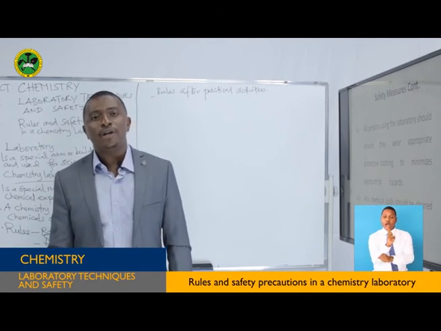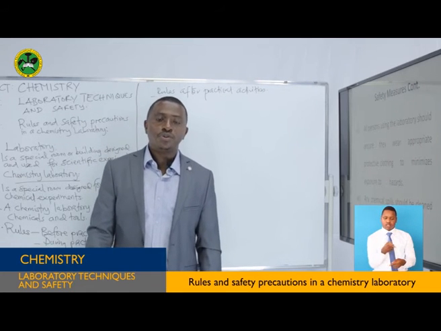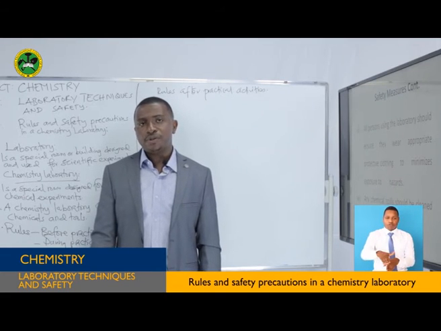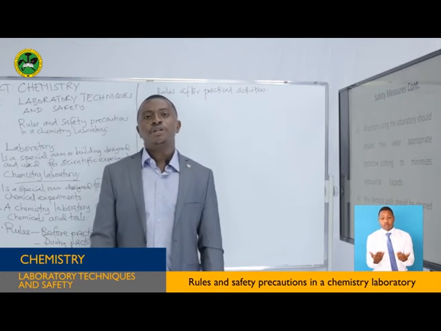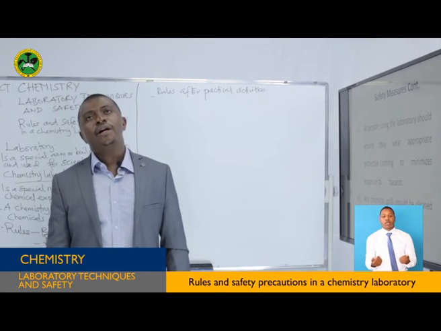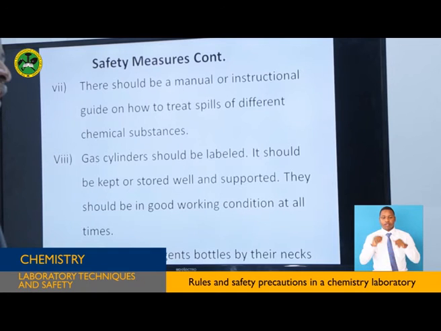So ask the laboratory assistant how to dispose of or clean the spilled liquid on the floor. It's because spilled liquids can burn you, and can cause accidents such as falls. There should be a manual or instructional guide on how to treat spills of different chemical substances.